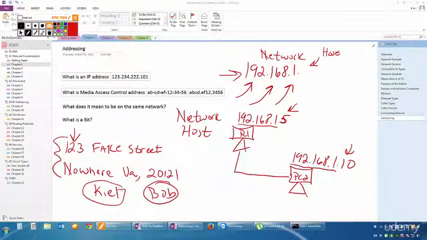His identifier is Bob. So when Kyle needs to communicate with Bob, he will call out, "Hey, Bob." With PC2, when PC1 is trying to communicate with PC2, guess what he's going to say? "Hey, 10, how you doing? Let's chat." But he's not going to say, "Hey, 10." He's going to say, "Hey, 192.168.1.10. How you doing?"